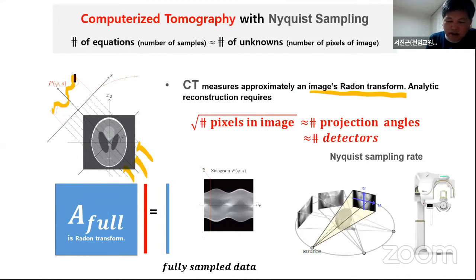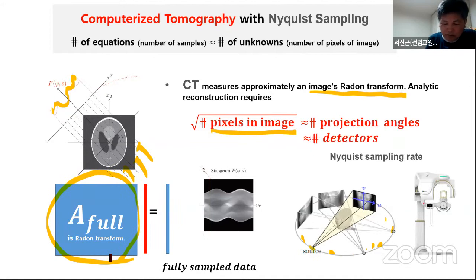The analytic reconstruction requires that the square root of the number of pixels of the image is approximately the same as the number of projection angles and the number of detectors. That's the Nyquist sampling. With this, taking the inverse of the Radon transform, called filtered back projection, produces these images.